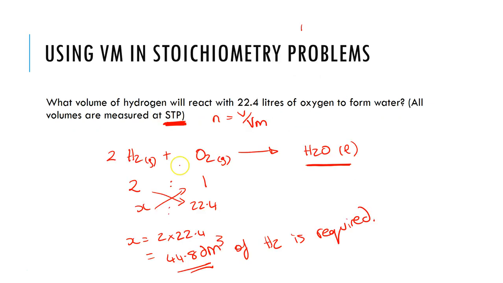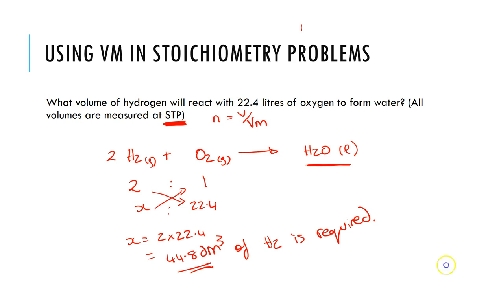Or, 2 over 1 of what we got is 2, and then just apply that to my volume because it's proportional to my number of mole. So this relationship using volumes instead of mole only works for gases at STP. Only works for gases at STP.